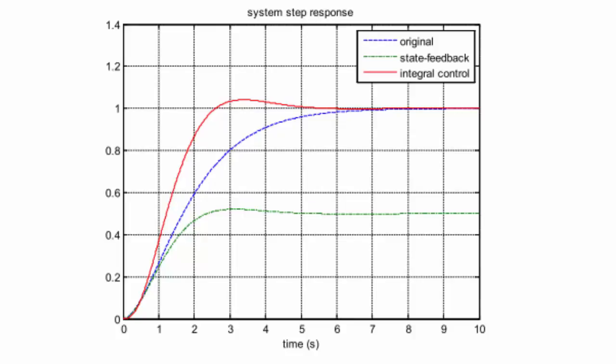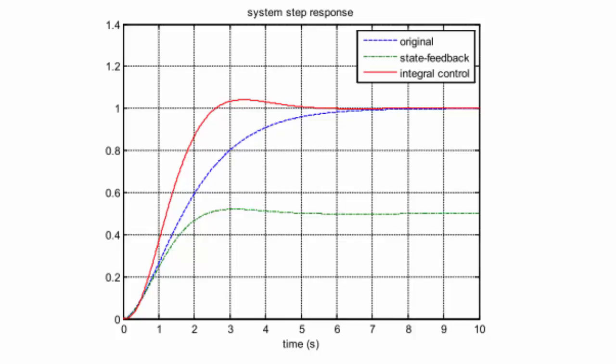So we add the state variable feedback, and we now have the correct time to peak and the correct damping ratio. However, our steady state error has dropped significantly. So we need to add the integral controller back so that now we meet all of the requirements, including 0 steady state error, zeta equal to 0.707, and time to peak of 3.14. And this is shown here with the red line for the integral control.